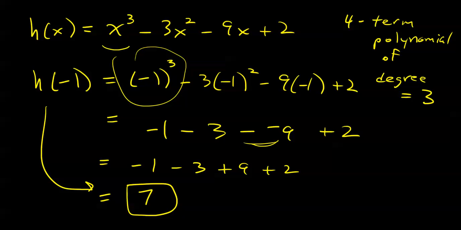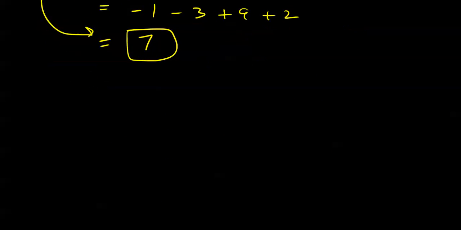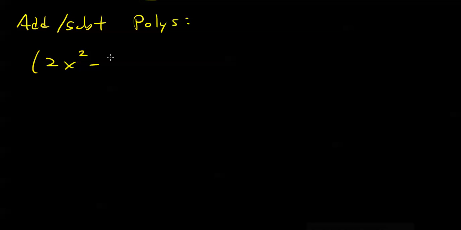Alright, so we've talked about defining polynomials, we talked about evaluating polynomial functions. Now I want to talk about adding and subtracting polynomials, and really not such a big deal. I'm sure you all know how to add and subtract polynomials.